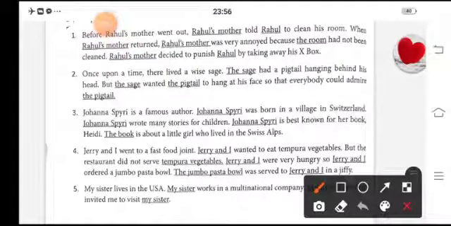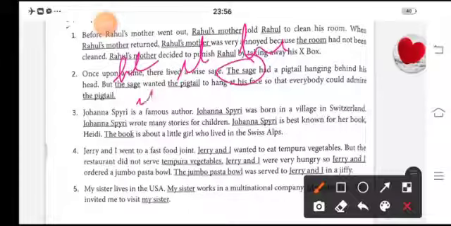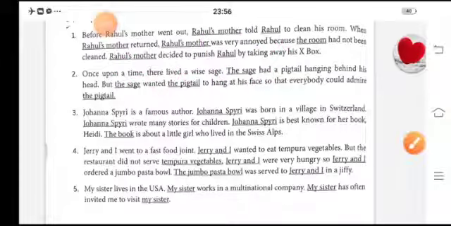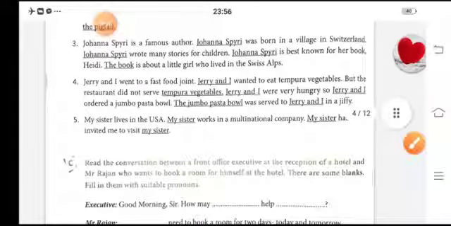Same in the second. Once upon a time there lived a wise sage. He had a pigtail hanging behind his head, but he wanted it, pigtail will be it, to hang in front of his face so that everybody could admire it. Same.